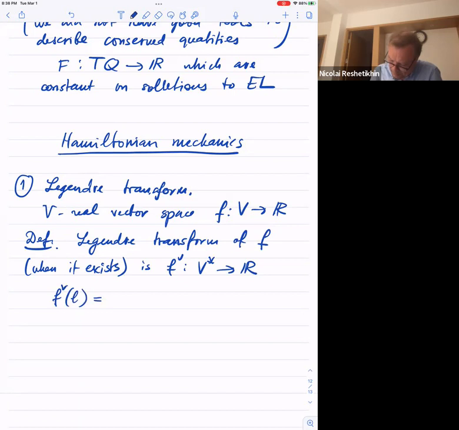It's the maximum, let's say maximum, over v in V of L(v), the value of the linear function on this vector v, minus f(v).